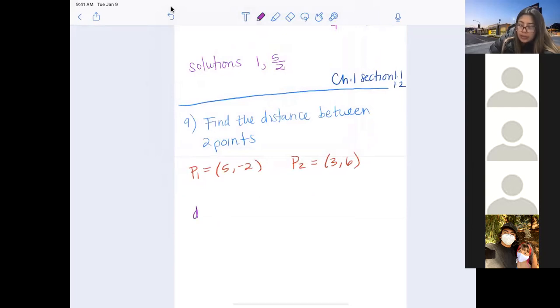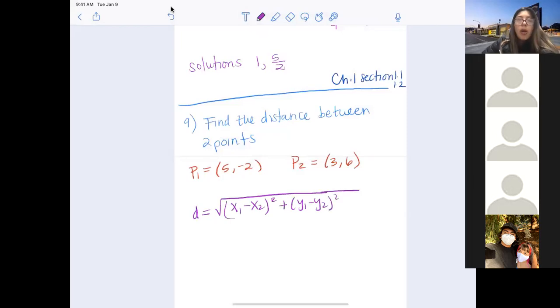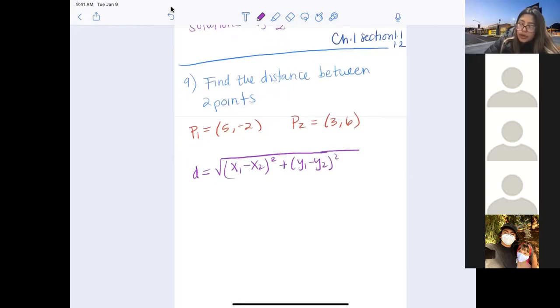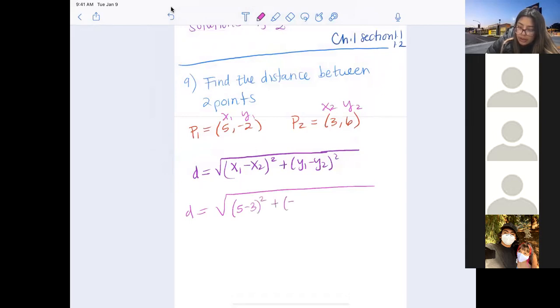Well, you use the distance formula, the square root of x1 minus x2 squared plus y1 minus y2 squared. You start by labeling your points, x1, y1, x2, y2, and you plug it in. So x1 is 5 minus 3 squared plus y1 is -2 minus 6 squared.